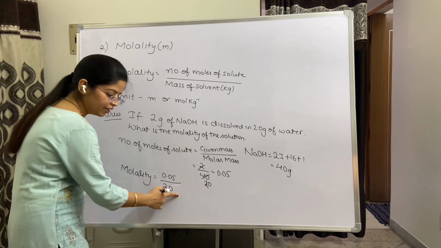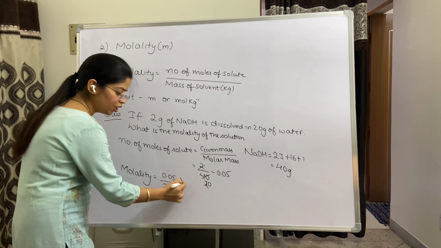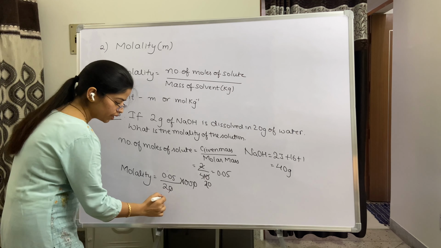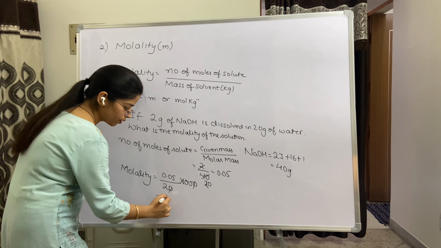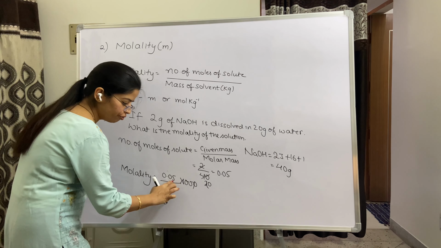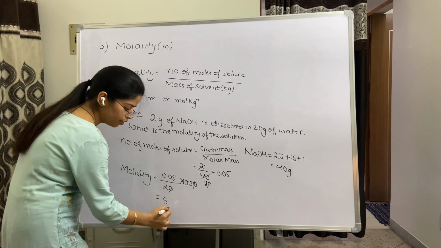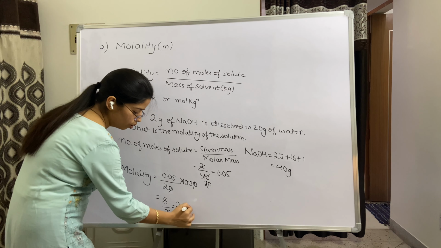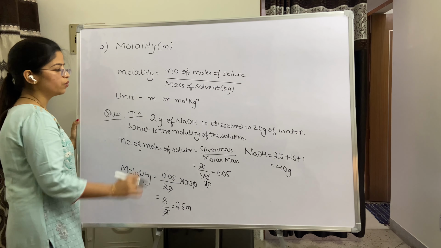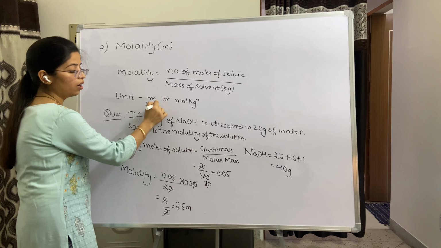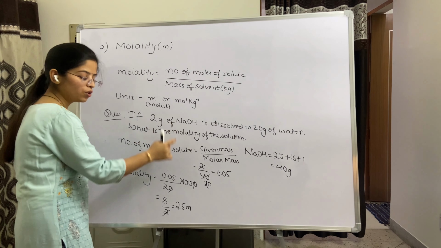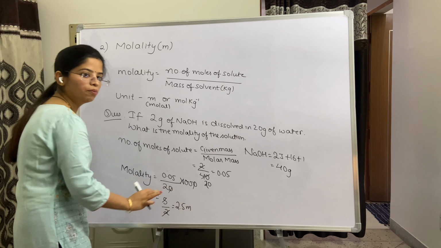If we divide the denominator by 1000, it will come in the numerator. So 0.05 into 100 will be 5, divided by 2, it will be 2.5. We read it as molal. So the concentration of the solution will be 2.5 molal.